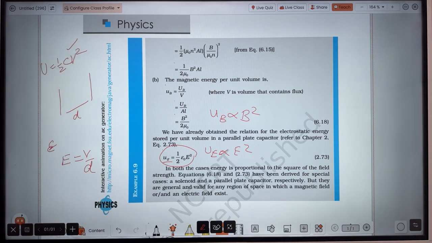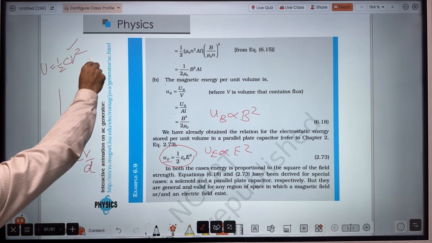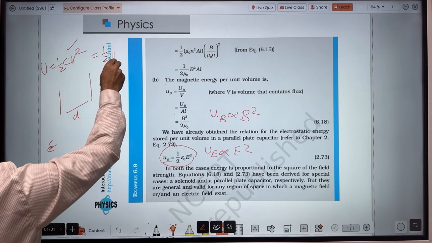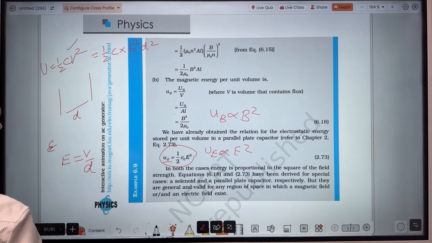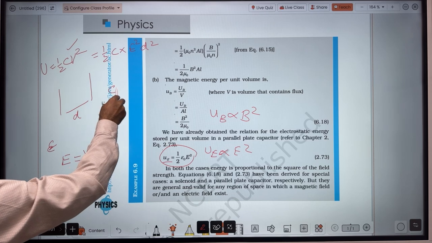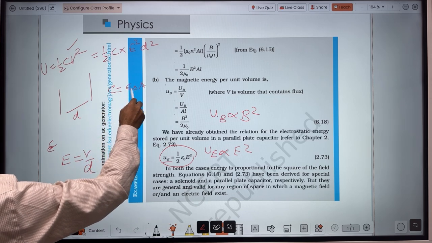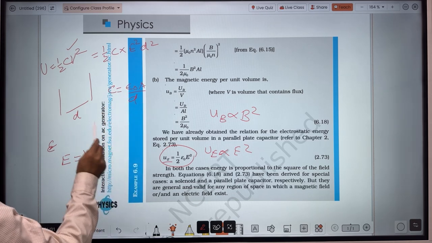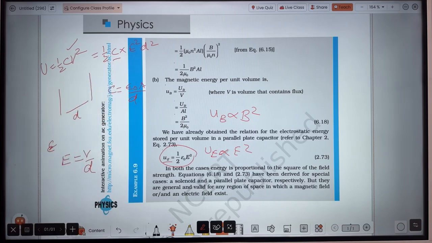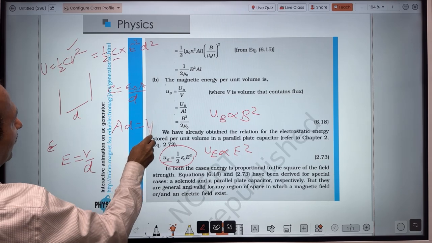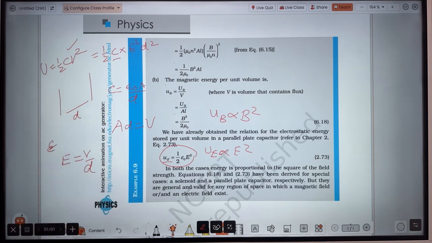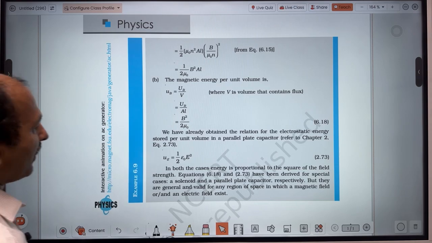So here V you can replace by E D. So 1 by 2 C times E square D square, no problem. And capacitance C is given by epsilon naught A upon D, correct? You put this value also, and then assume A D equal to volume, and then find energy per unit volume. You will reach here. So you have understood.